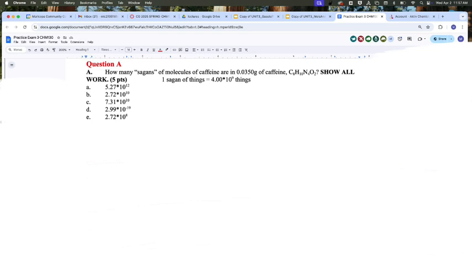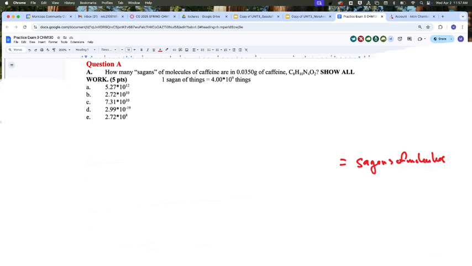So if we're going to look at this question, what are we being asked to solve for? Sagans of molecules of caffeine. Oh, Lord have mercy, that's way too much. I don't want to write that as I go through and solve. So what kind of simplification can I navigate through it? We talked through it, but I don't think I recorded it.